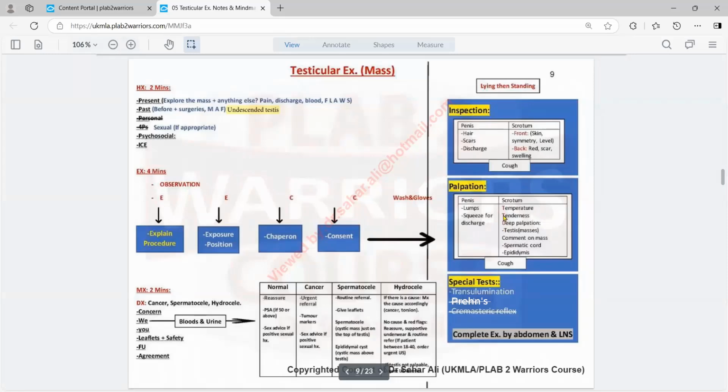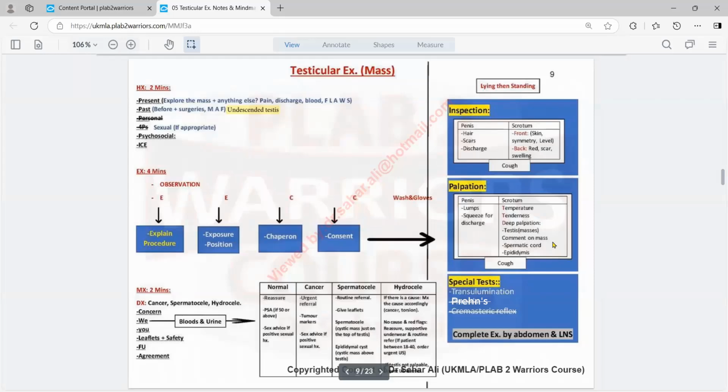Check the temperature, if there is any tenderness, and then what are you going to see in the deep palpation? You feel the testicles for any masses and comment on the mass. Comment on the size, site, shape, consistency, skin over it.